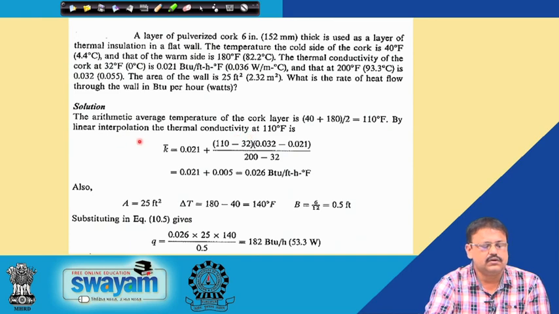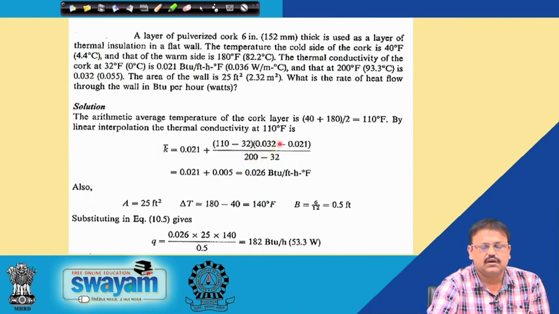By linear interpolation, the thermal conductivity at 110 degree Fahrenheit will be k equals 0.021 at 32 degrees, and after that it rises with temperature. For 200 minus 32, that is a 168 degree temperature change, the thermal conductivity changed by 0.032 minus 0.021, that is 0.011, and so per unit degree of temperature difference it is this, multiplied by 110 minus 32.